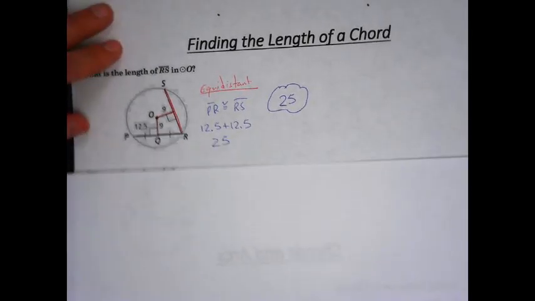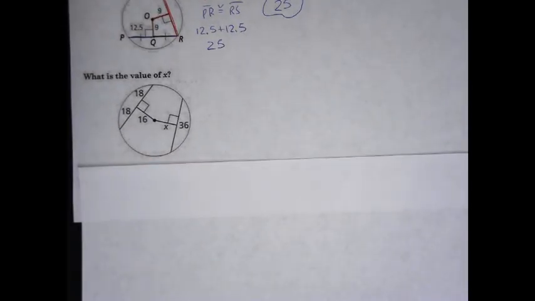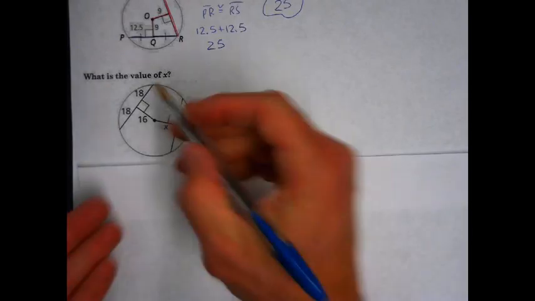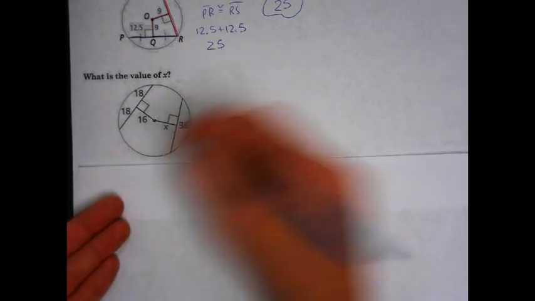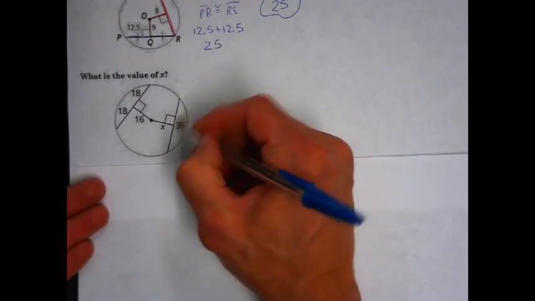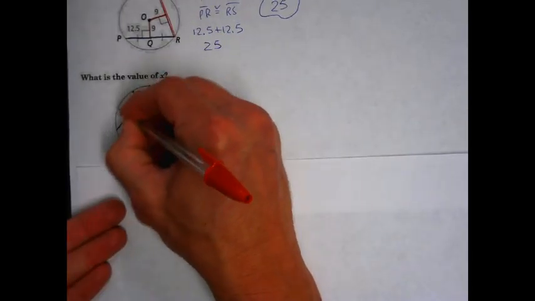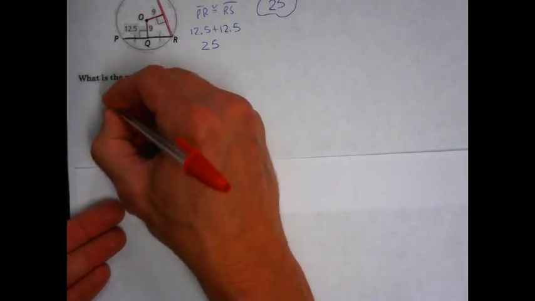Equidistant chords are congruent. And that makes this last one a little bit easier. So it says, what here is the value of x? Well, we have two chords, right? And what are the measurements of the two chords? Well, the chord here is easy. It says 36. That's convenient. What is the length of this chord here? That's 18 and 18, which is also 36.